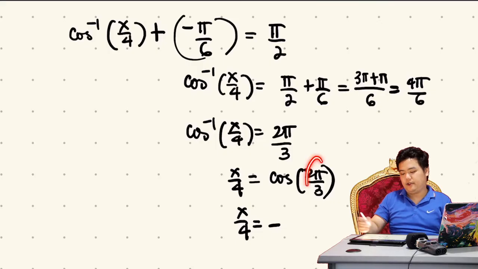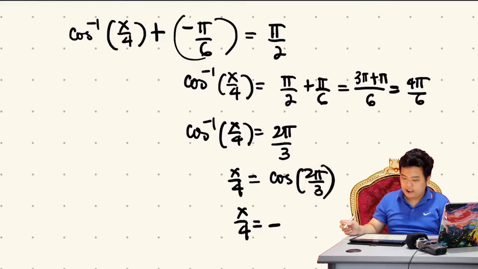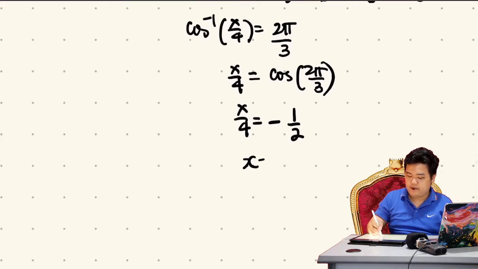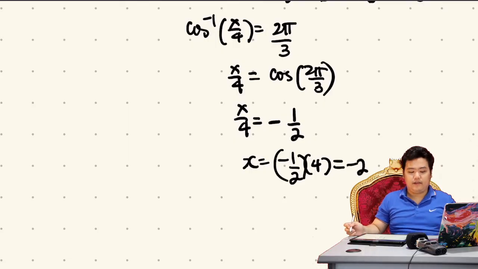Second quadrant ito. Tapos, over 3, so that is negative 1/2. Okay. And then to compute for x, multiply both sides by 4. So the answer, candidate for the final answer, is negative 2.